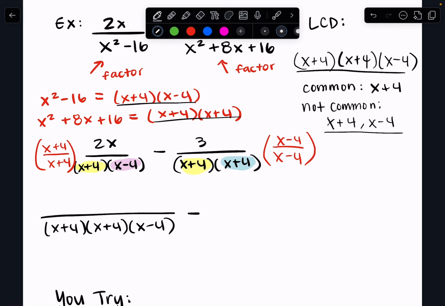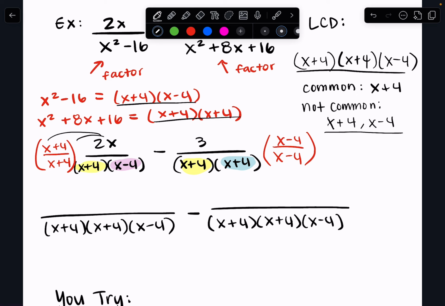And go ahead and distribute this. So 2x times x is 2x squared. 2x times 4 is 8x. 3 times x is 3x. 3 times negative 4 is negative 12.